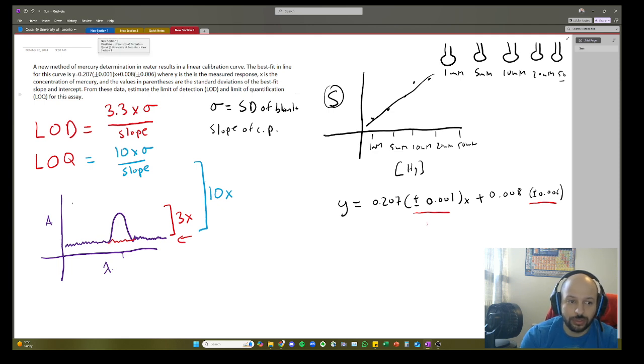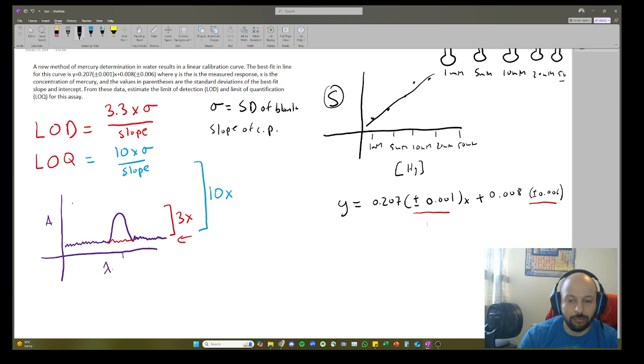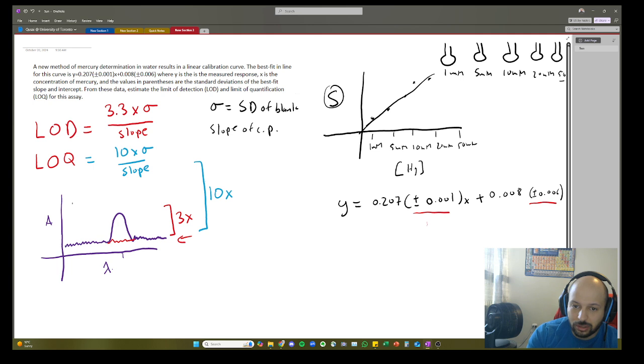However, you weren't given that information in this question. All you're given is an equation of the line. However, what's a blank? A blank is something that has everything except our analyte, so our analyte is at 0 concentration. If I extrapolate this line to the point where x is 0, then I can figure out the signal that I get from the blank.